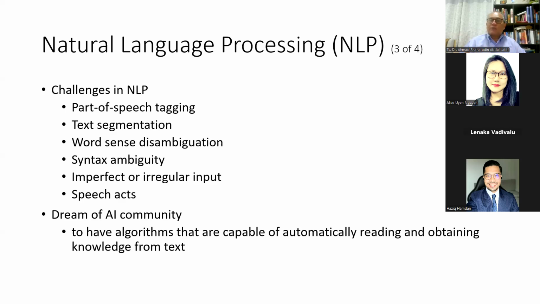Syntax is the lowest level, the rule of language, and it is ambiguous because it reflects different semantics and, of course, different pragmatics. And imperfect or irregular inputs, such as short forms and combinations of different languages. And speech acts, like "wow" or thumbs up, which are speech acts that people do.